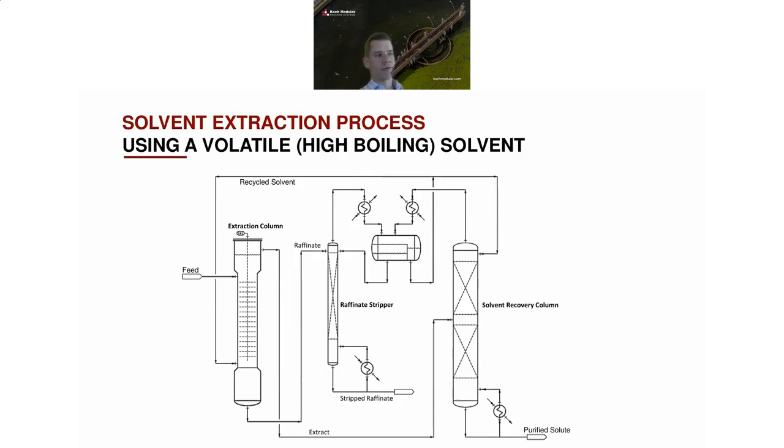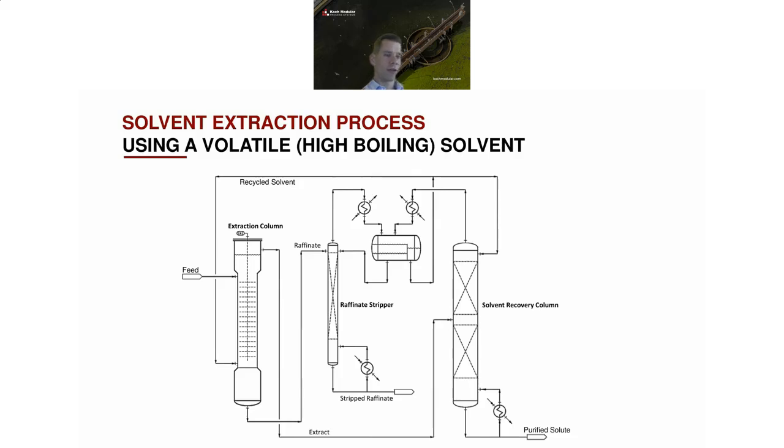That flows to a raffinate stripper. The objective of that raffinate stripper is just to remove the soluble amount of solvents from that raffinate stream. So it's stripped out and it leaves the raffinate column as overheads. Leaving the top of the extraction column, you have an extract stream that flows to a solvent recovery column.